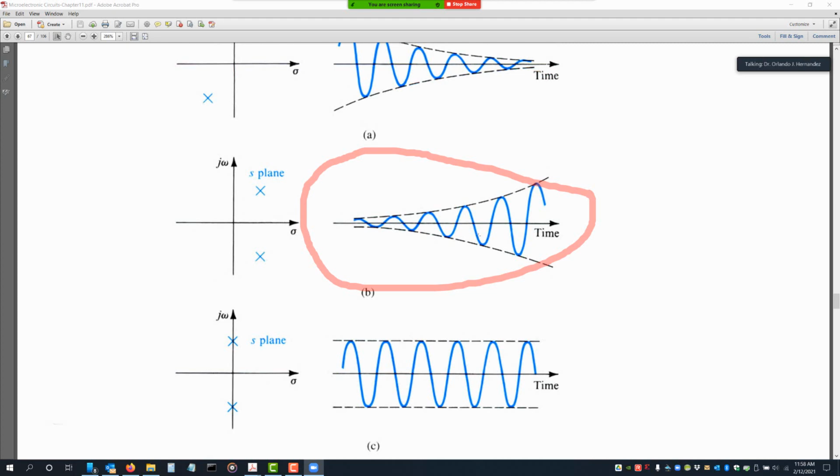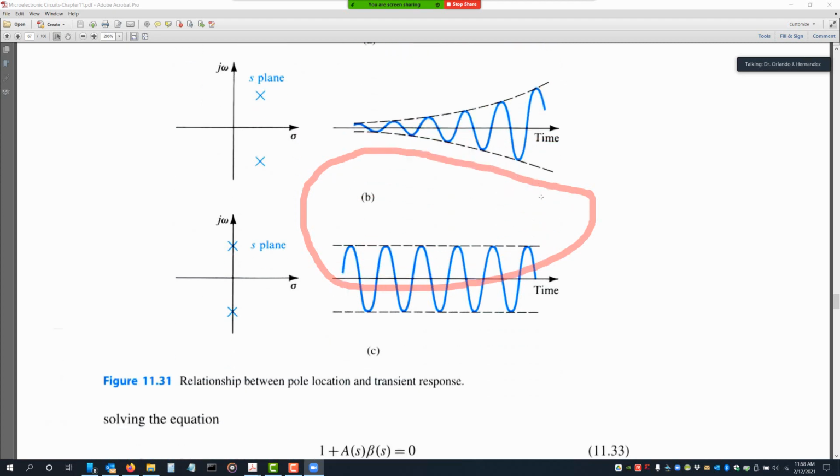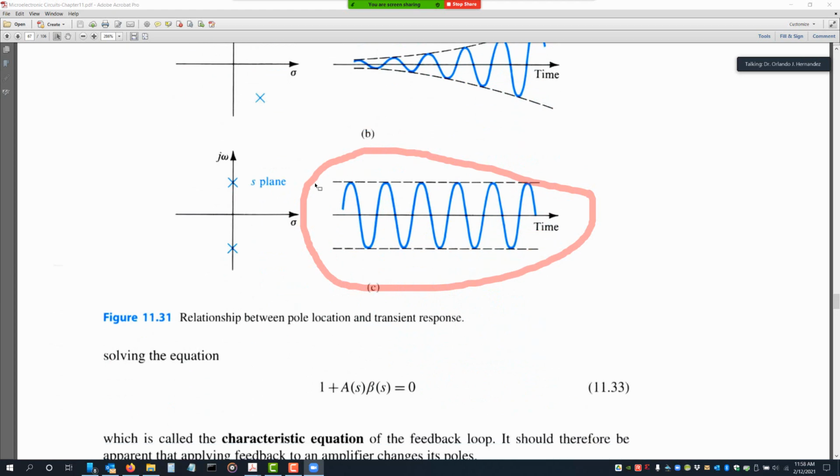So the amplifier and the system is feeding into itself, so you get this unbounded behavior until it saturates. And this is where you have the case where the poles are right at omega 180. So you get the oscillatory behavior.